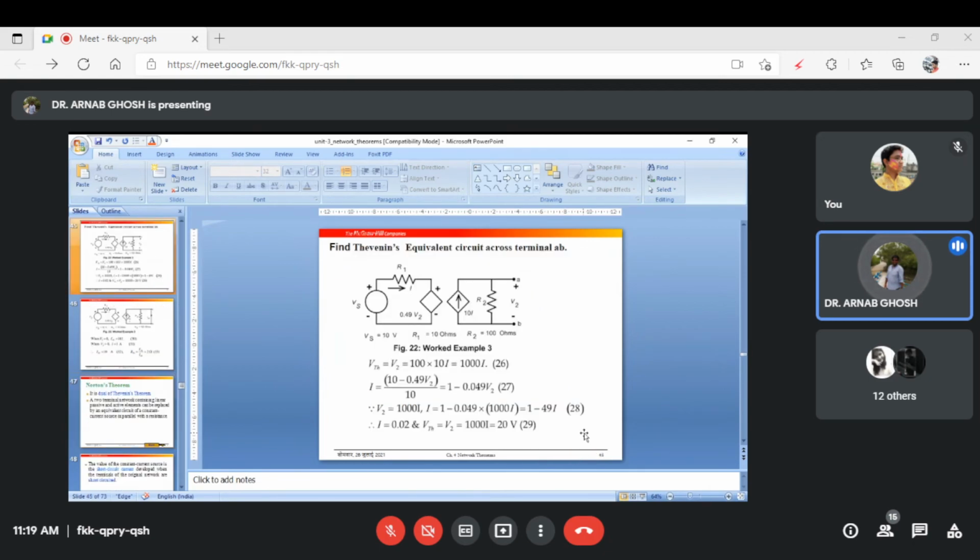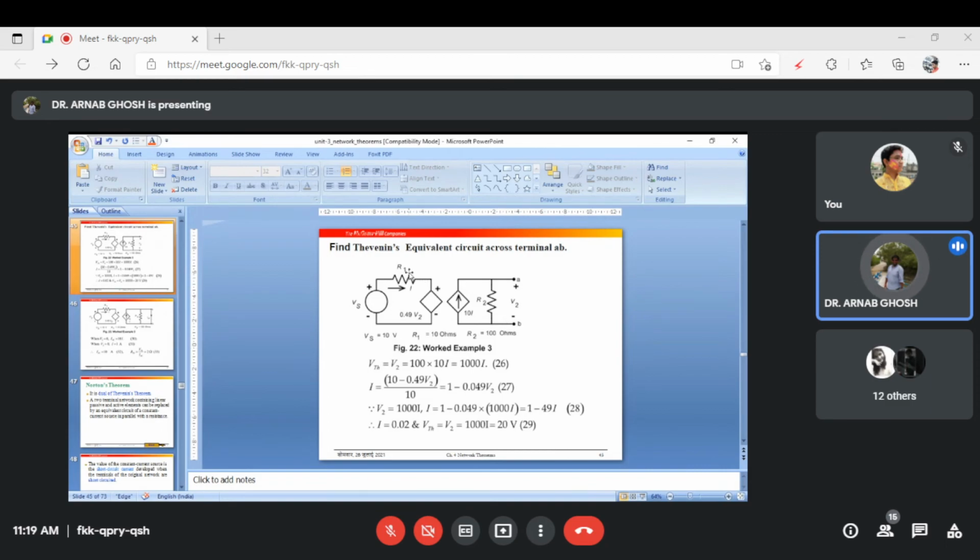So let us see what happens. So let us say we are considering this circuit, right? We are considering this circuit. So we have to calculate the Thevenin's equivalent circuit across this terminal A and B. Okay. So you are having this voltage source whose value is given to you 10 volt.